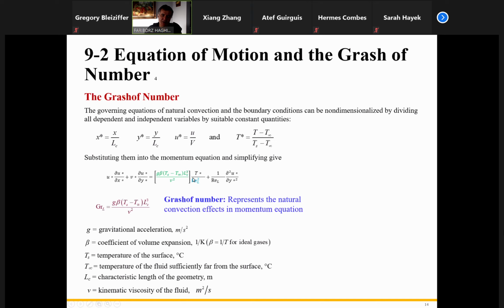This is very important to keep in mind, because this represents natural convection and this represents forced convection. We have to come back and revisit this later on, but let's focus on the Grashof number. The Grashof number is a dimensionless number that specifies if the natural convection is laminar or turbulent.